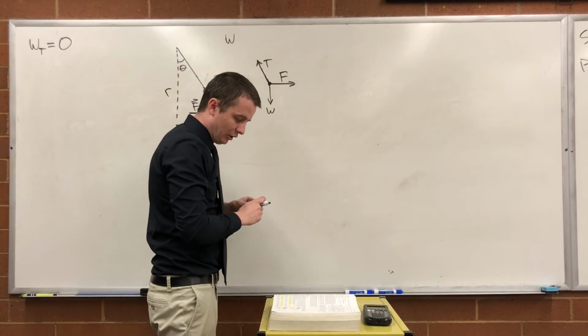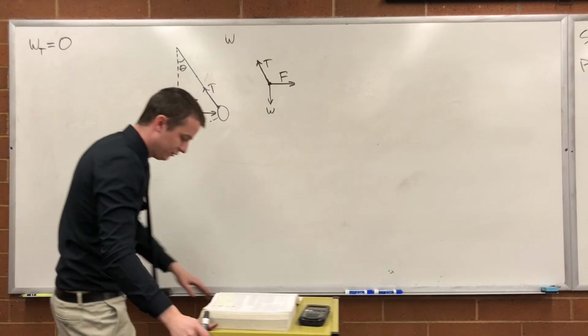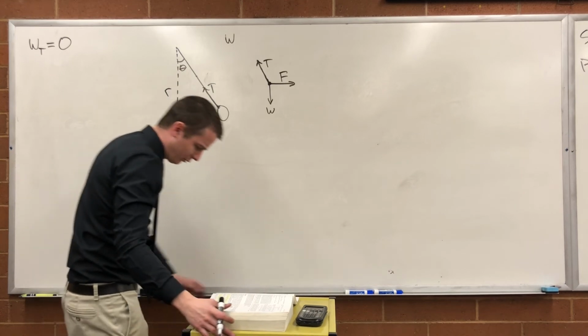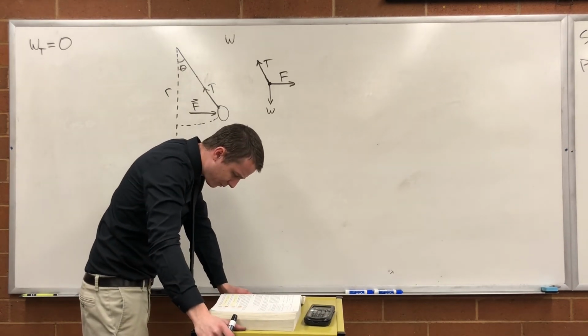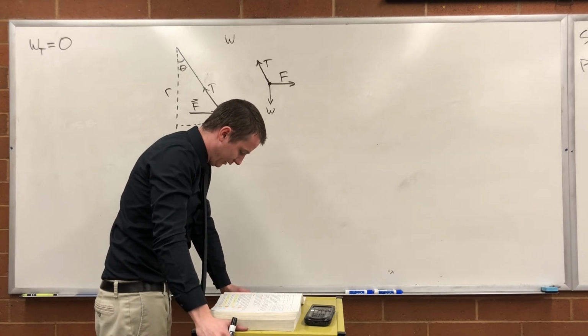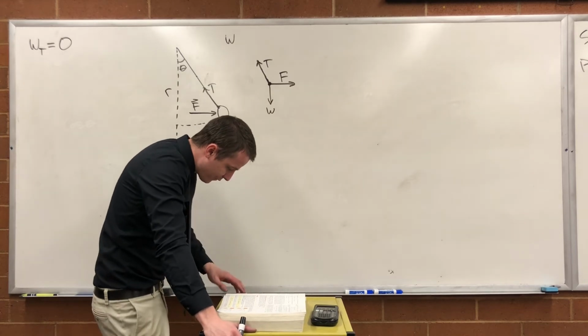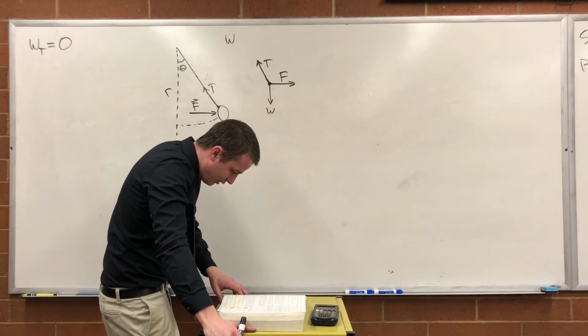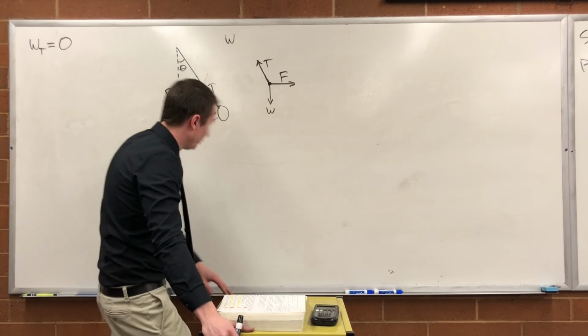Okay, so let's calculate now his forces in the x direction, force in the y direction. We need to come up with an x and y that we're going to call this thing. Let me see real quick here. The motion is along the curve, so we'll do s along the curve.